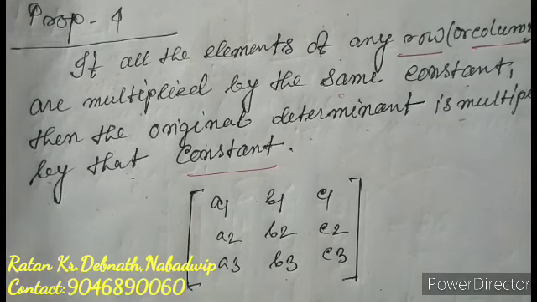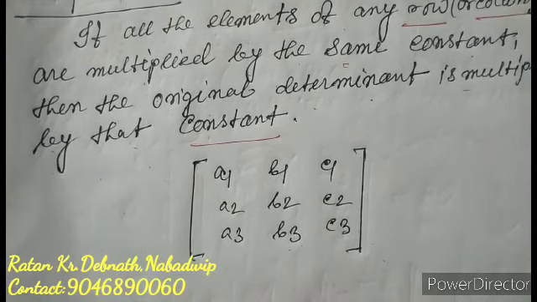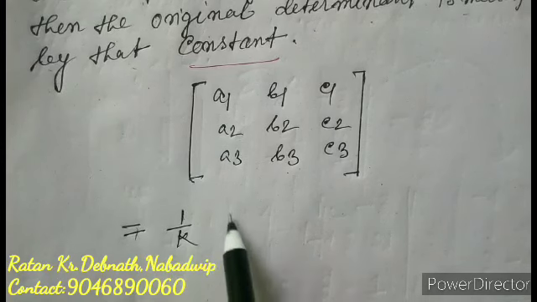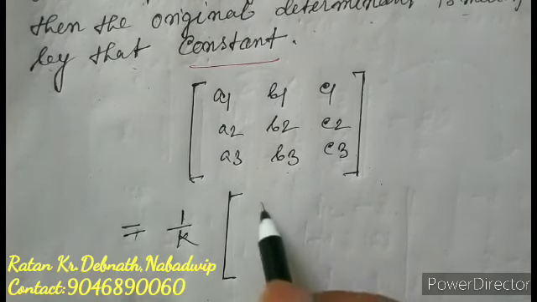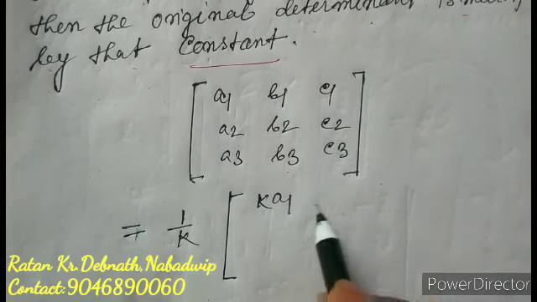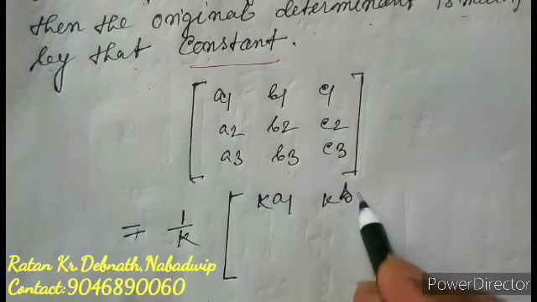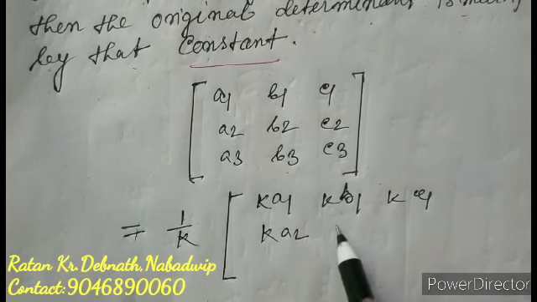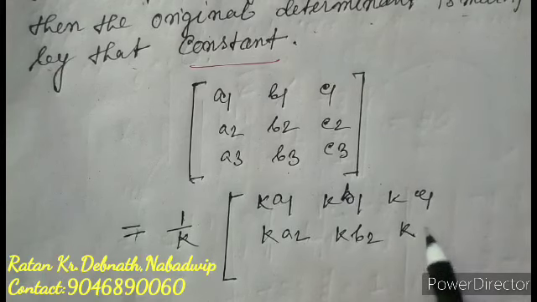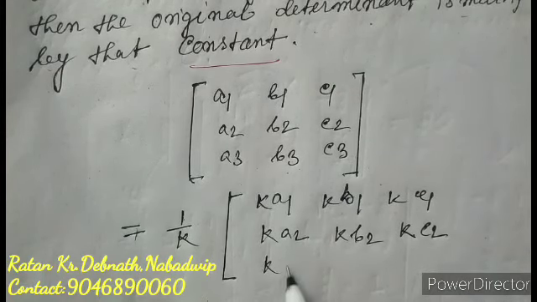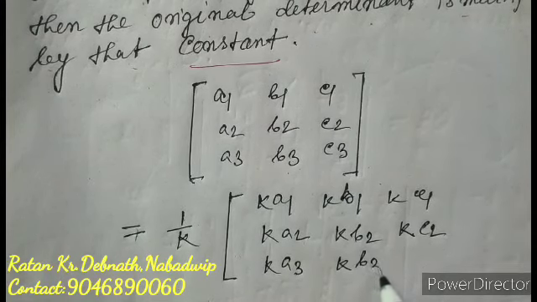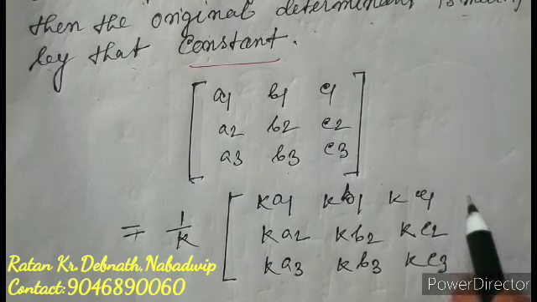And if you want to multiply this matrix by a constant term, you can do it like this: 1 by k into k_a1, k_a2, k_b1, k_c1, k_a2, k_b2, k_c2, k_a3, k_b3, k_c3.